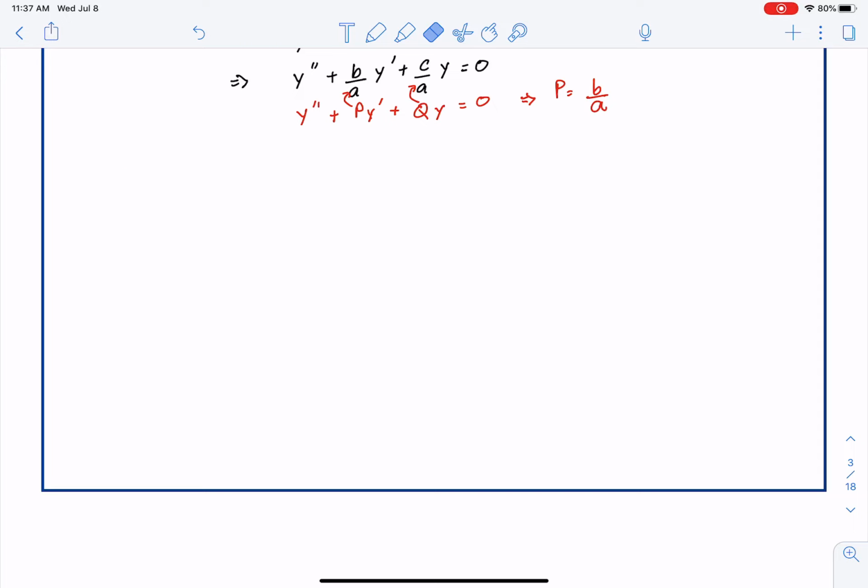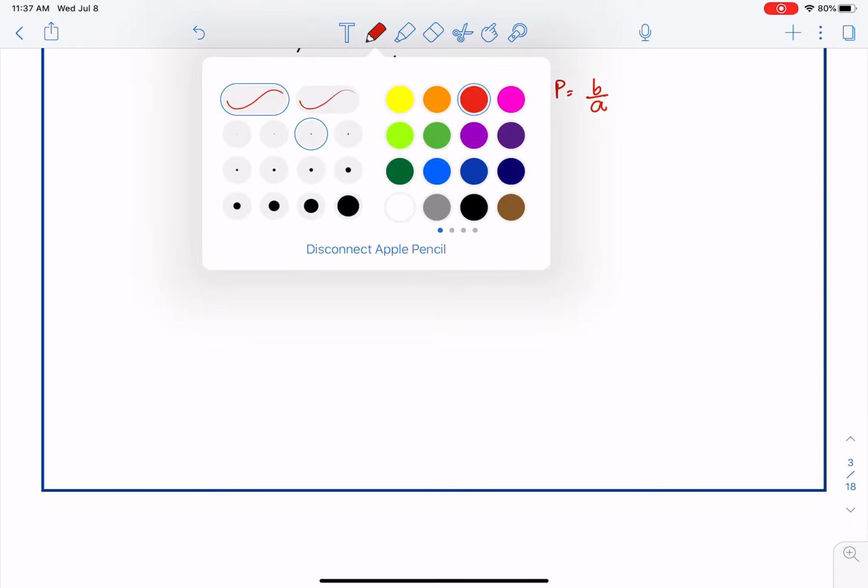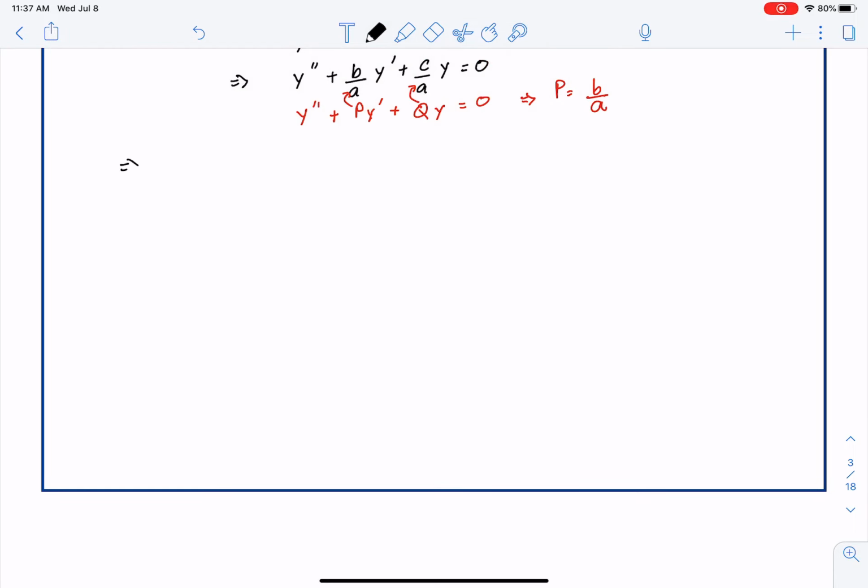So, since the root m1 is minus b over 2a, multiply by negative on both sides, negative m1 equals b over 2a, which would imply b over a is negative 2m1.